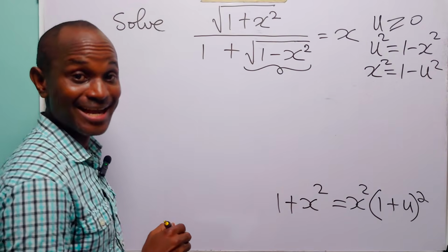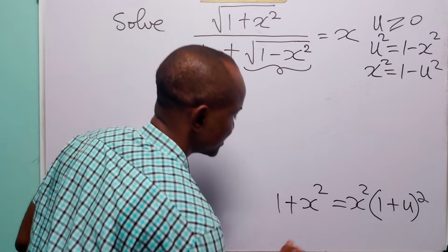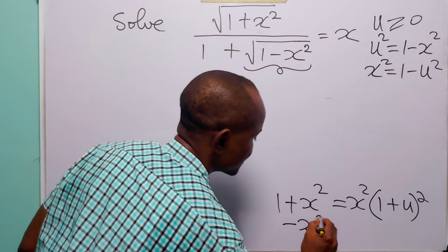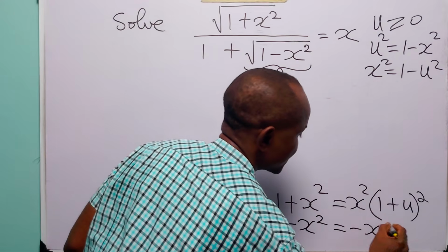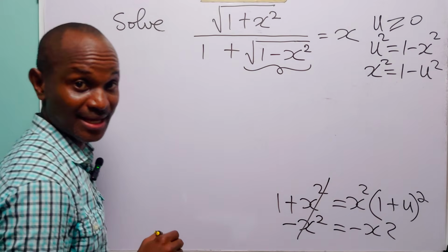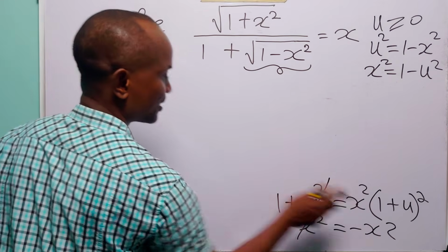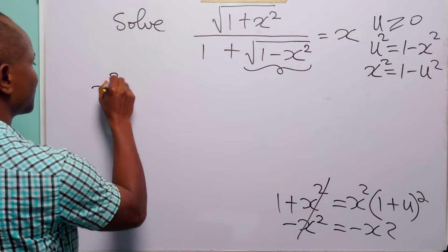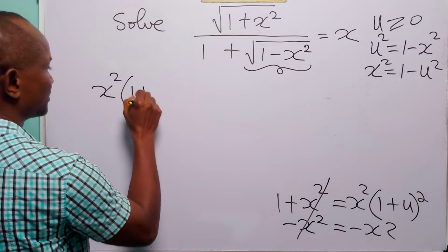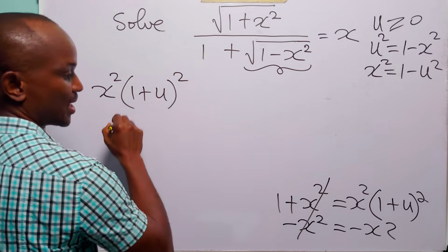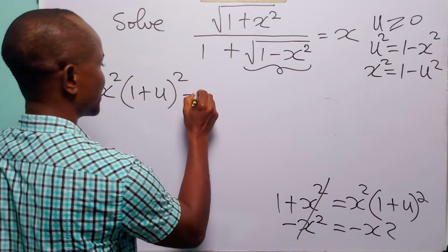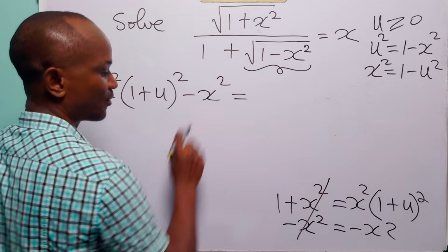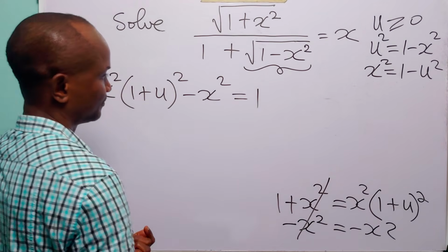Now let us subtract x squared from both sides of this equation. We have minus x squared minus x squared. Of course, this is going to take care of that. And we have that x squared multiplied by 1 plus u squared minus x squared is equal to 1.